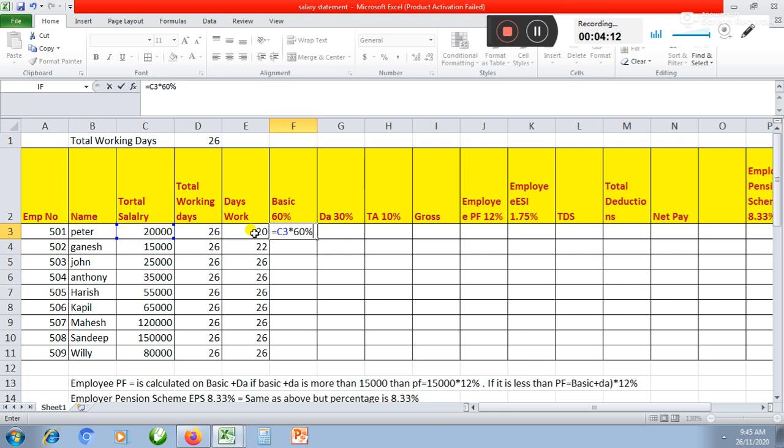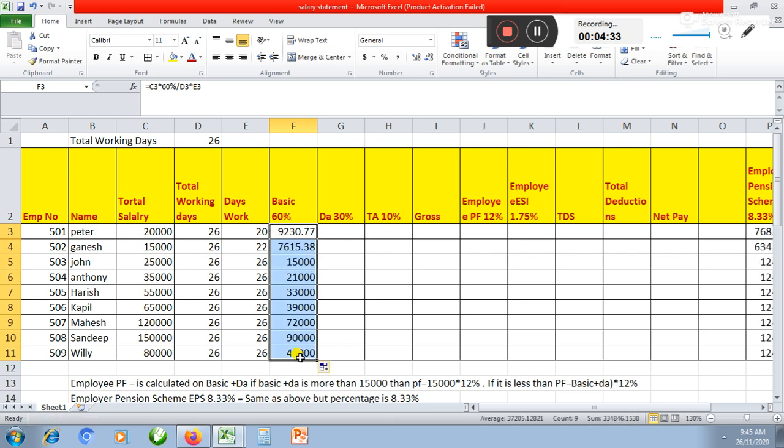But he had worked for only 20 days. I will divide it by total duties. When I divide by total duties, I will get the per day salary. And I will multiply that with the number of days worked. Enter. So you will get this.